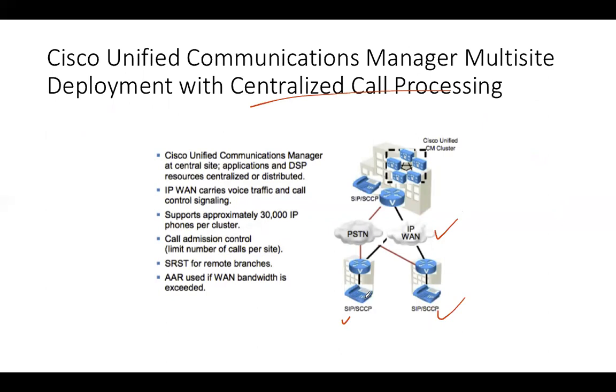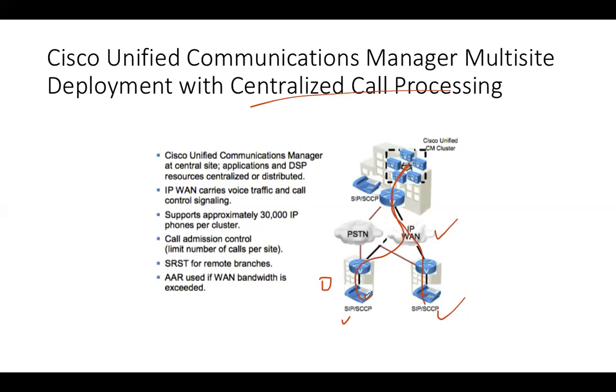So if I don't have call manager over here, what would happen here? Since we are using WAN, all these phones would get registered through the WAN to these call managers. Just remember this, to these call managers.